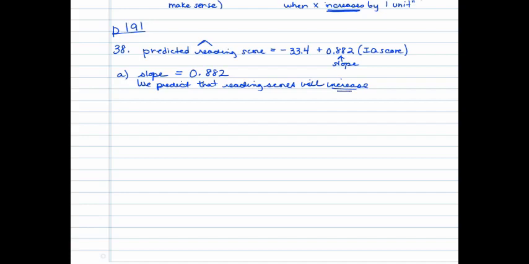Try to add that word increase, and I believe that's one of the key words that gets you credit on an AP exam. Will increase by 0.882 for each 1 point increase in IQ.